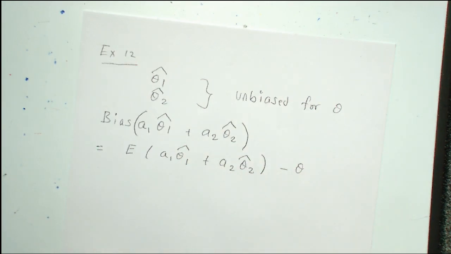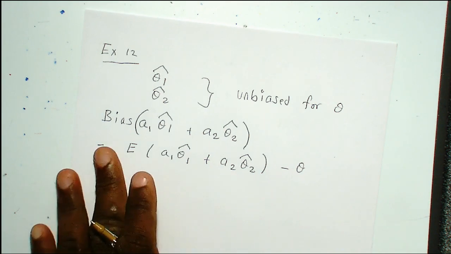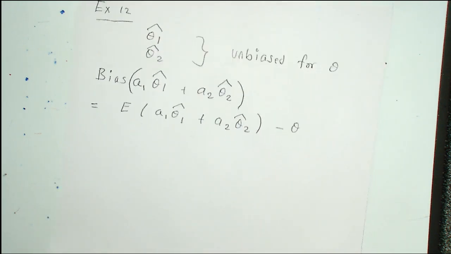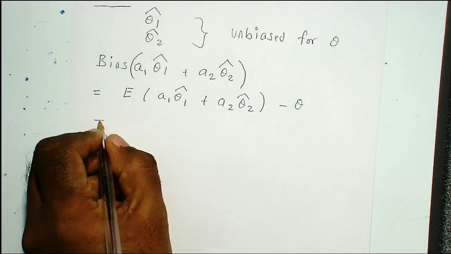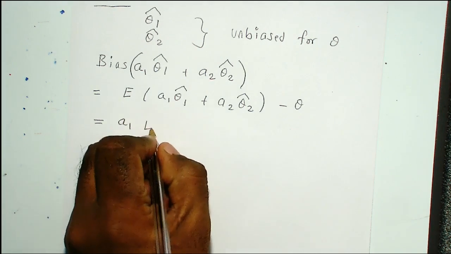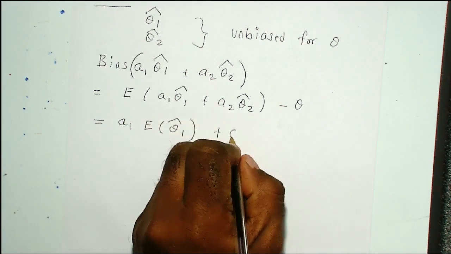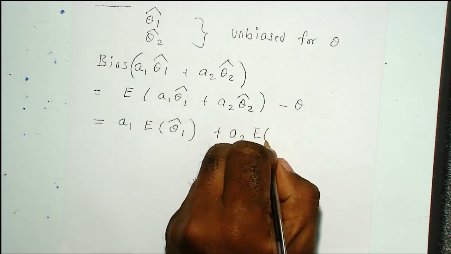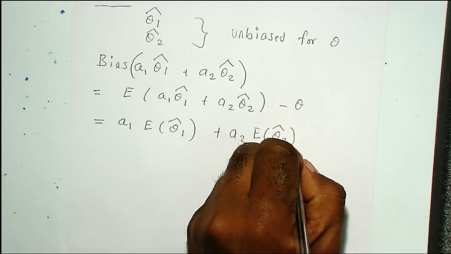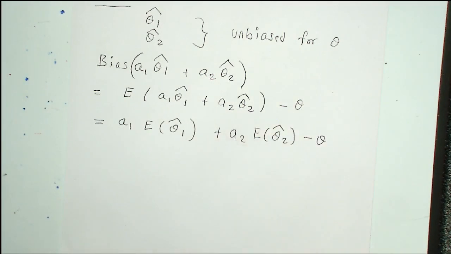Remember, the bias is the expectation minus the parameter you're trying to estimate, okay? Which is this, right?